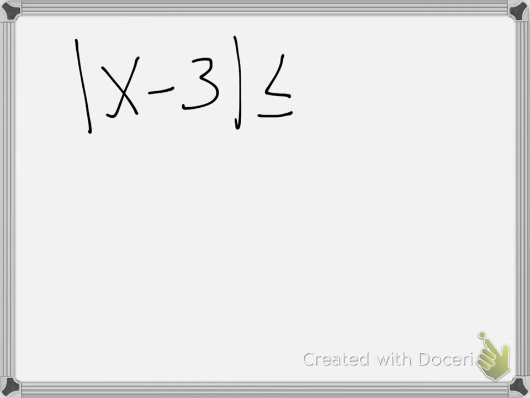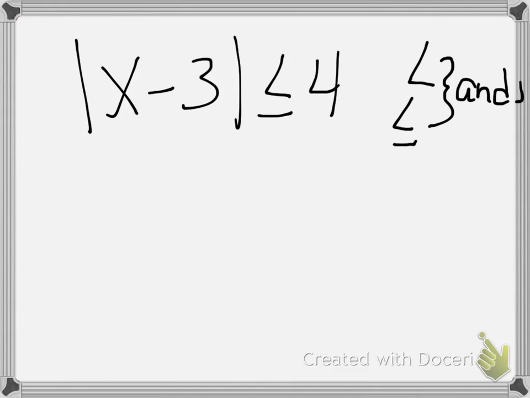When we talk about absolute value inequalities, we're going to be combining the skills that we just learned with compound inequalities. We're just throwing in some absolute value bars, and really all that does is make us have to set up the problem ourselves. So what we really need to know is that less than or equal to is going to form an and, and greater than or equal to is going to form an or. That's very, very important, because if you don't set up the problem correctly, your solution's not going to be right, and then your graph is not going to be right.